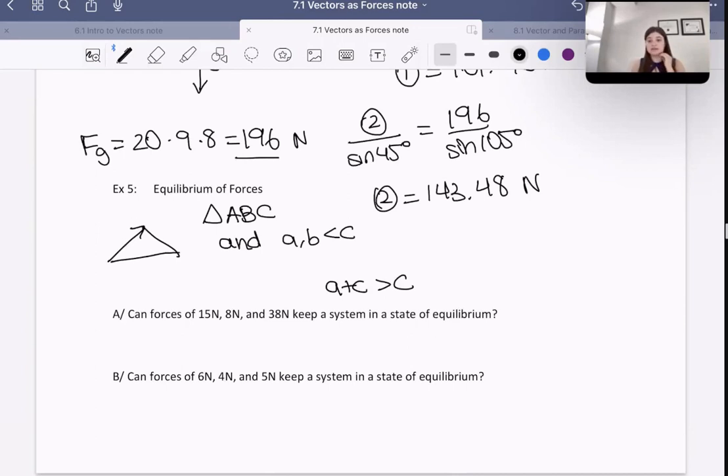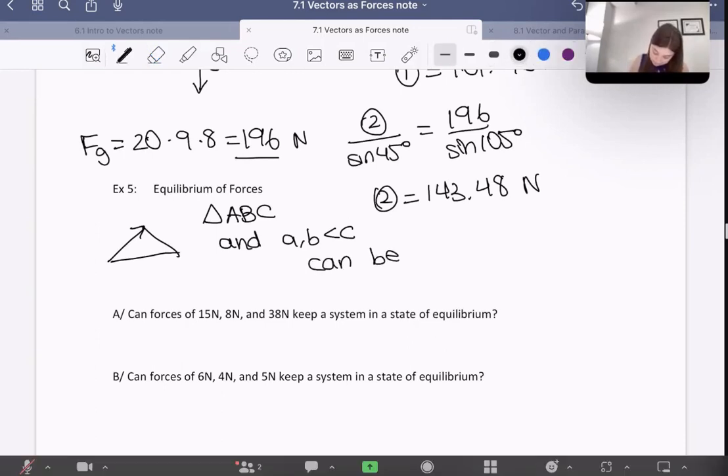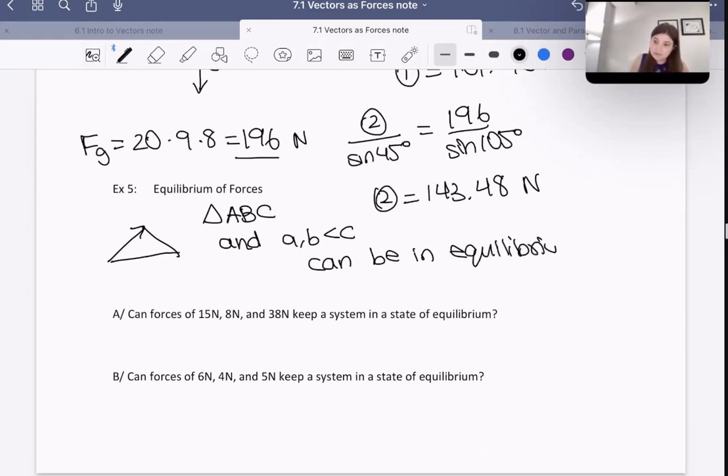So they can be in that state of equilibrium in only this case, right? Oh, this should have been B. My apologies. Yeah, so they can only be in a state of equilibrium in this case where A plus B is greater than C.